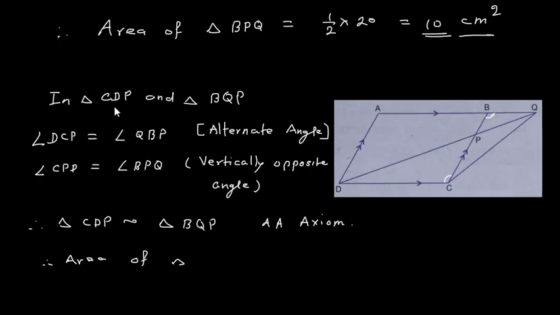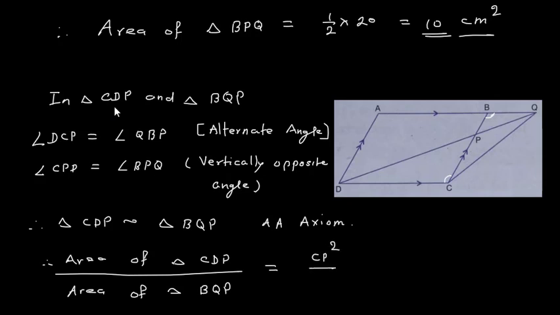So the ratio of area of triangle CDP divided by area of triangle BQP will be equal to CP square upon BP square.